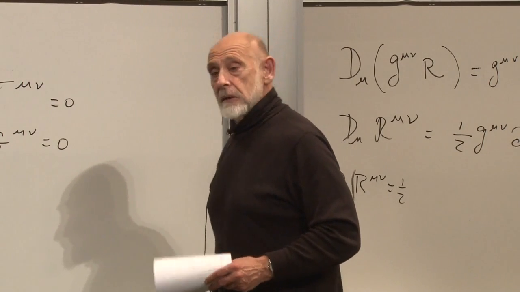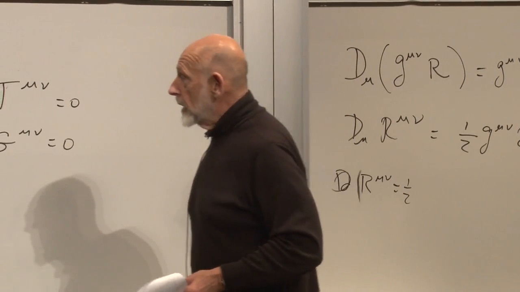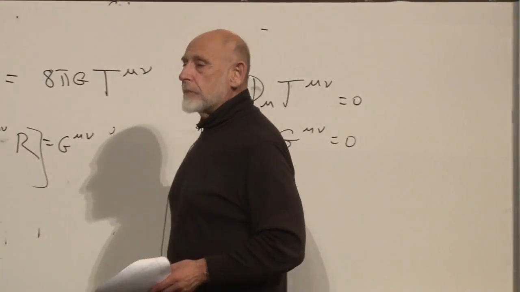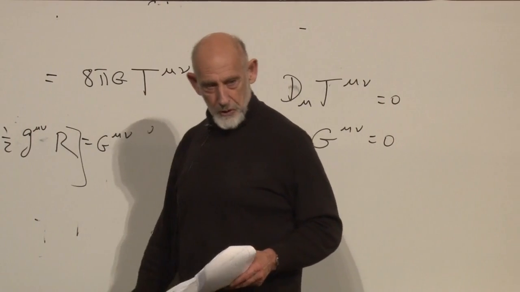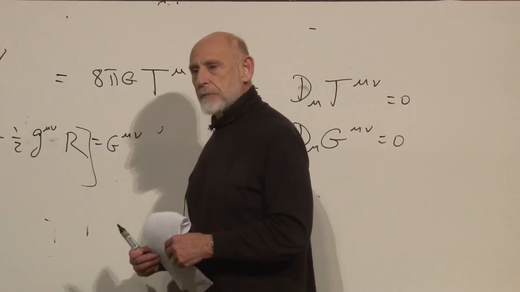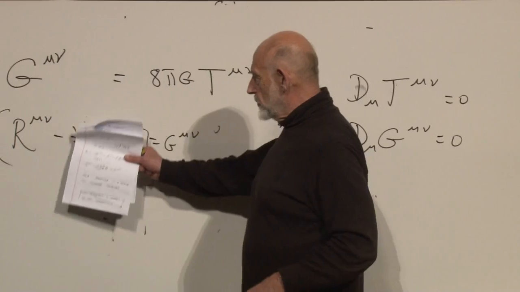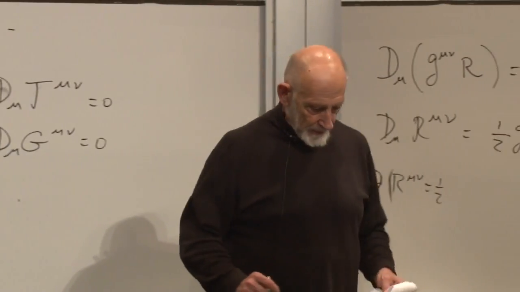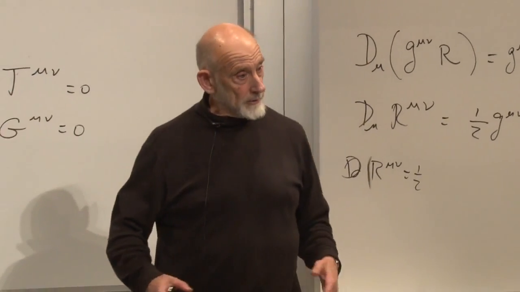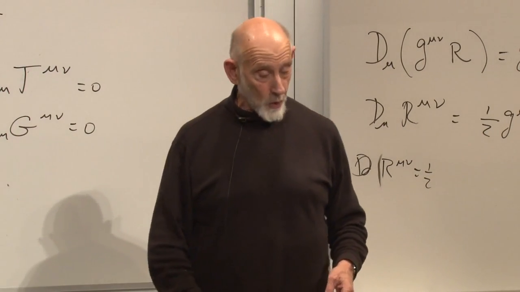And this was Einstein's calculation. He knew what was going on pretty much, but he didn't quite know what the right equation of motion was. I believe in the beginning he actually did try R mu nu equal to T mu nu, and eventually realized that it didn't work.